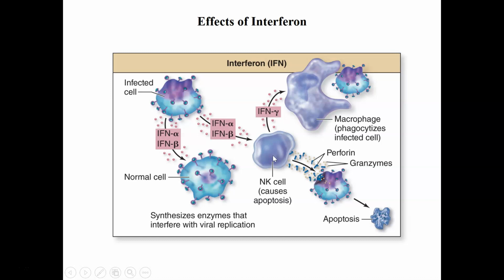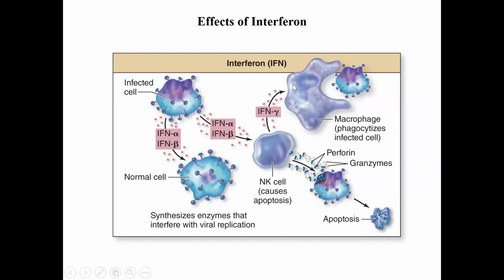Interferons also cause natural killer cells to become more active. So this natural killer cell is going to be attracted now to this abnormal virus-infected cell. And when it encounters it, it's going to release perforins and granzymes, causing the cell to die.